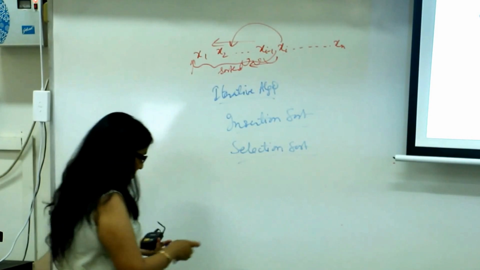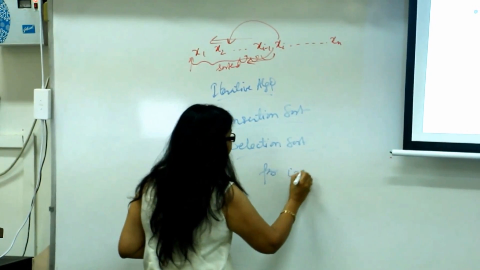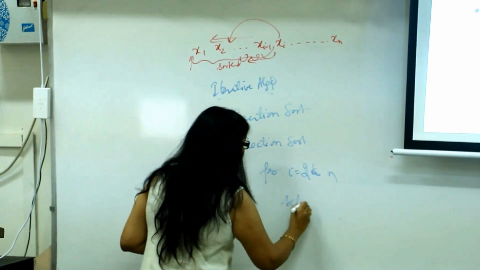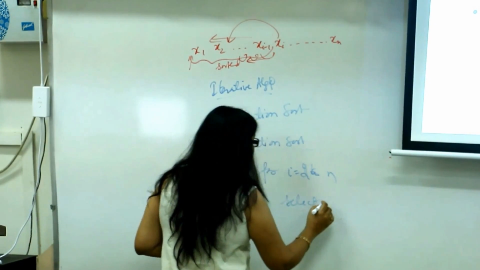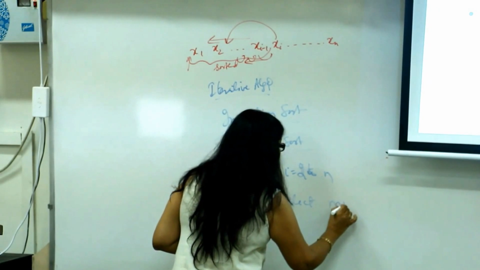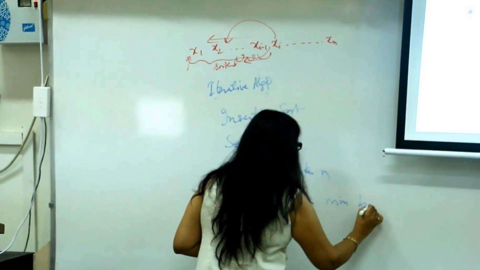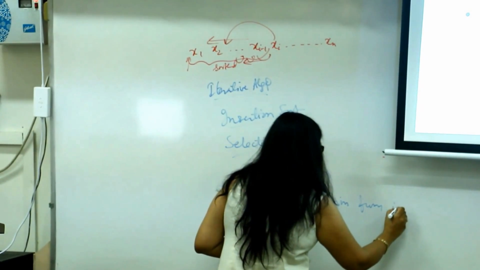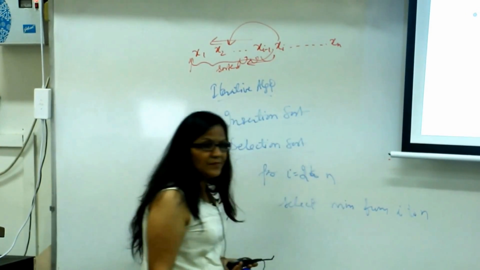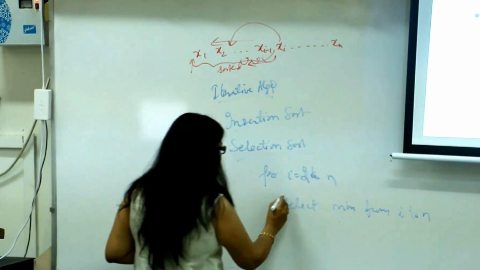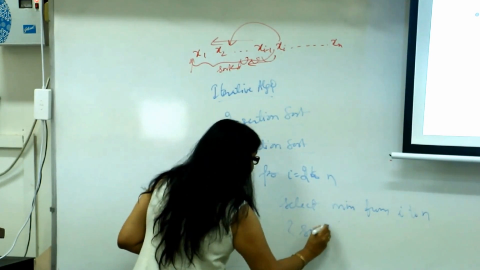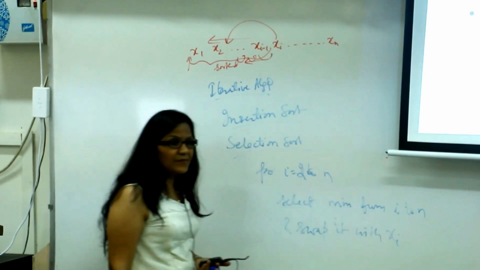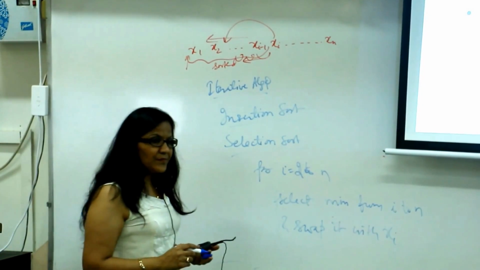So, for i equal to 1 to n minus 1, select the minimum from i to n and swap it with xi. In this case, the first element is not considered at all.